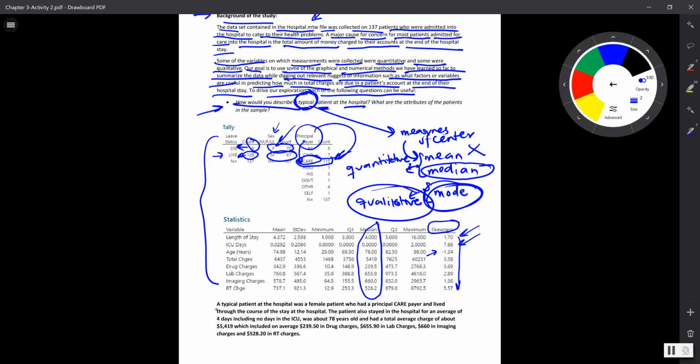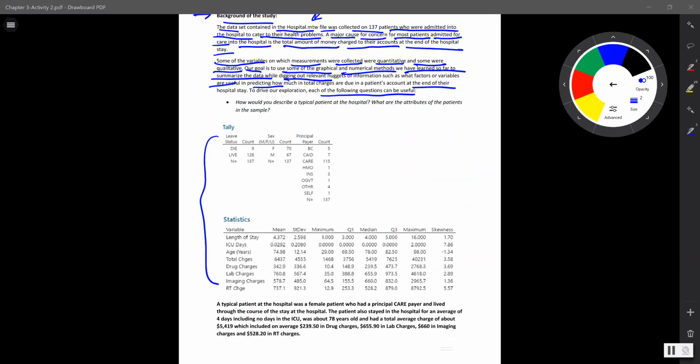I would say that a typical patient at the hospital was a female patient, because that's the mode, who had a principal care payer, because that's the mode, the one that has the highest count, and lived throughout the course of the stay.